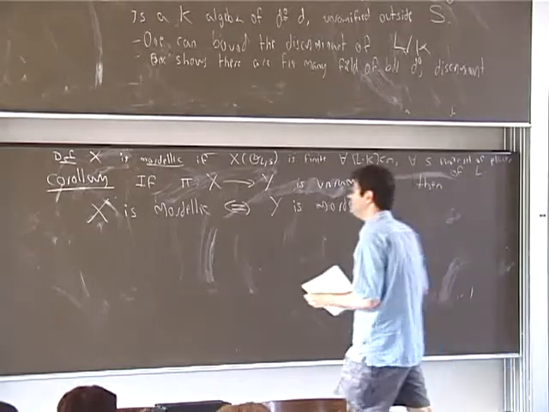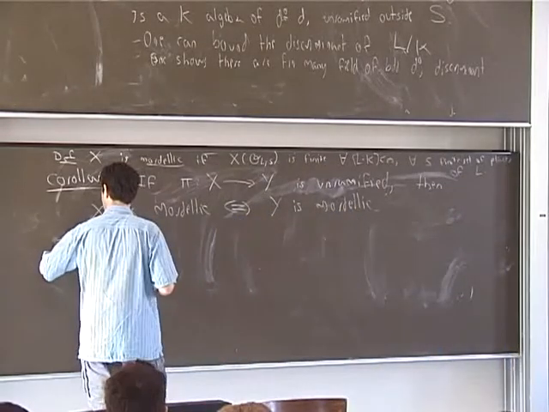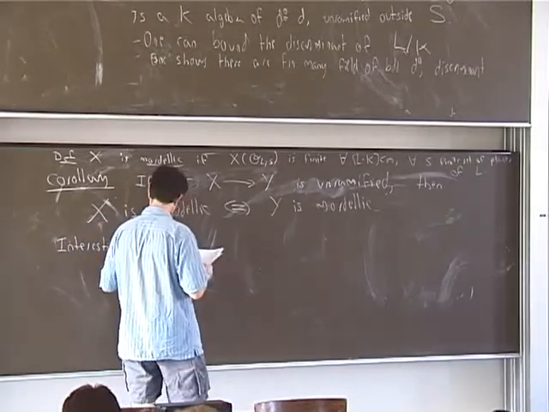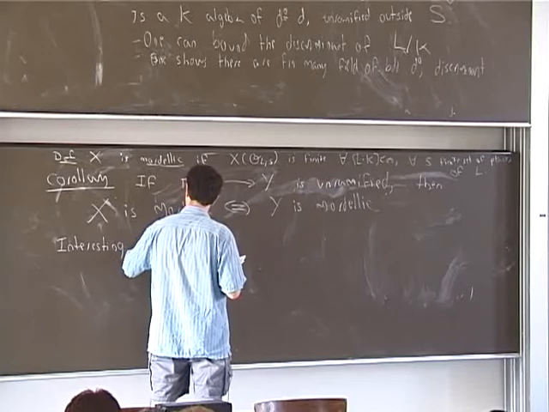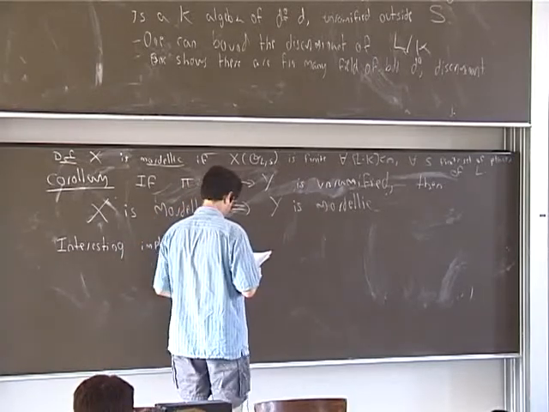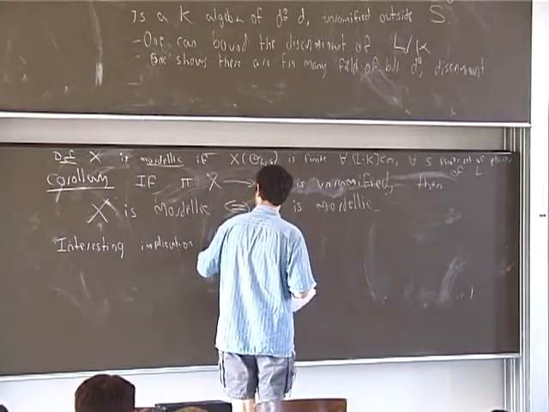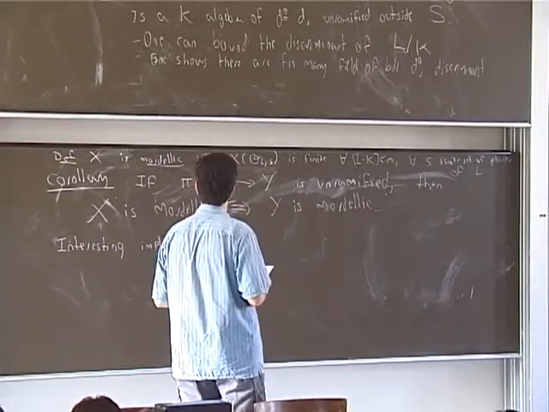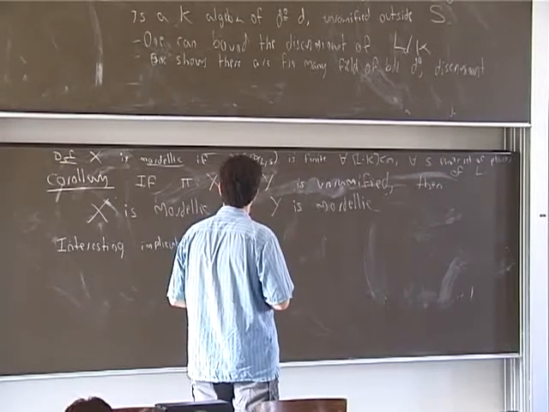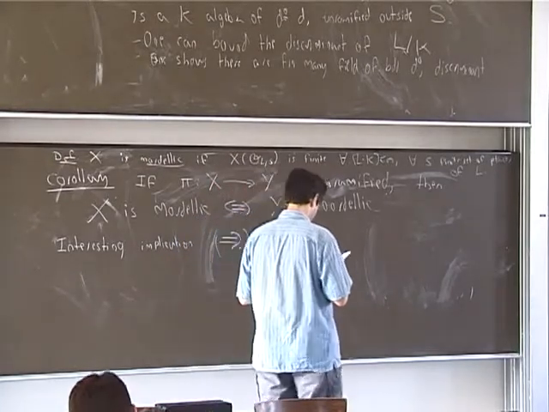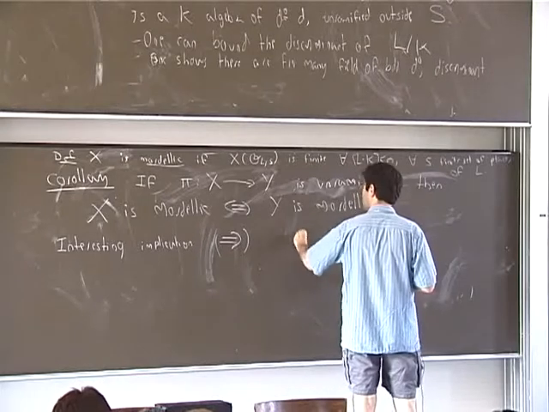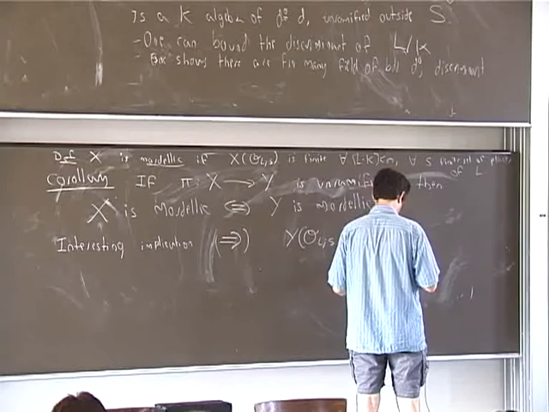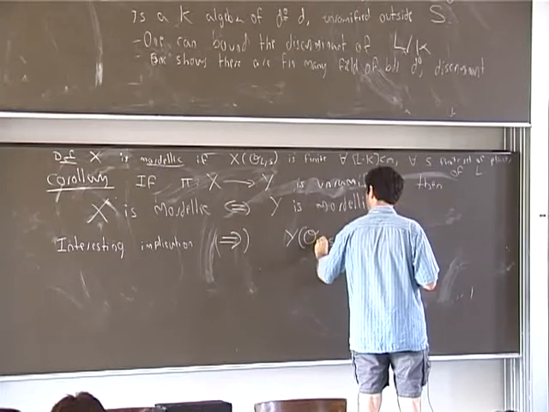And so, of course, the interesting implication is the one where you deduce that Y is Mordellic, assuming that X is Mordellic. And this follows from the fact that, if I want to study Y of O_{L,S}, or Y of O_{K,S}.